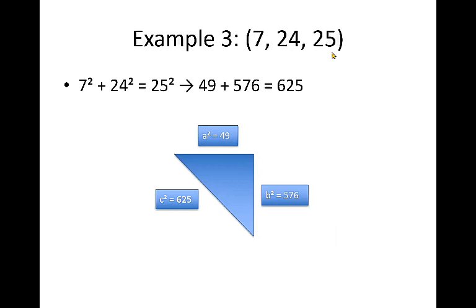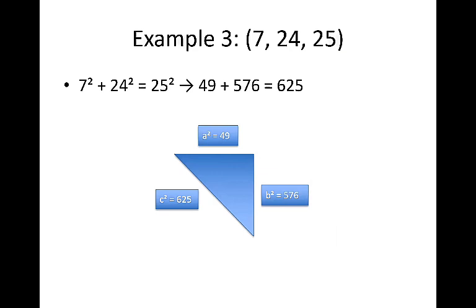So let's check the areas. The area of side A is 49, the area of side B is 24 squared, which is 576, and the area of side C is 625.